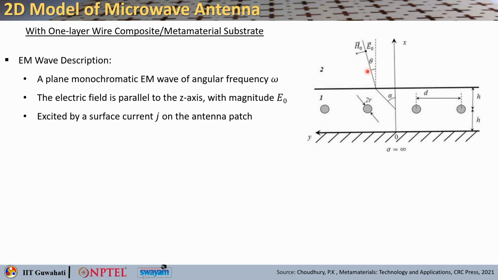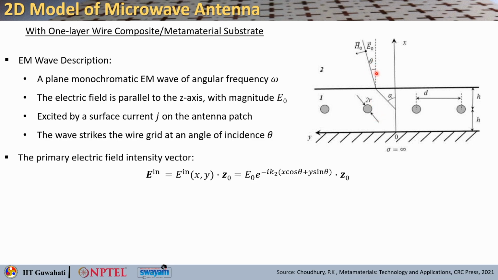The field is excited in such a way that the electric field vector is given as a dot, going into the screen along the z axis, and it excites a surface current J on the antenna patch. Another important thing is that the wave is striking the wire grid at an angle of theta.